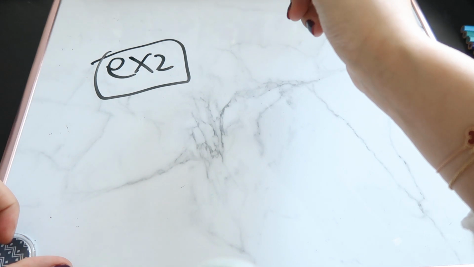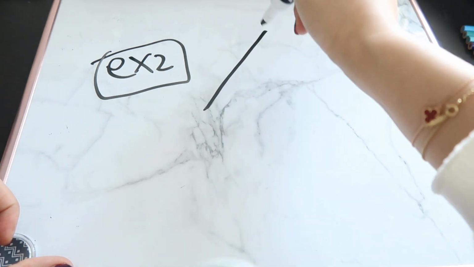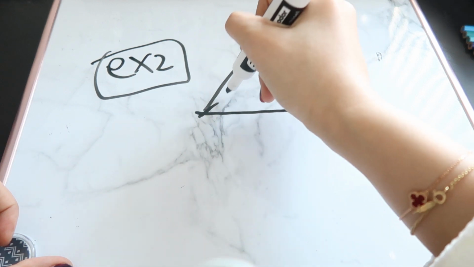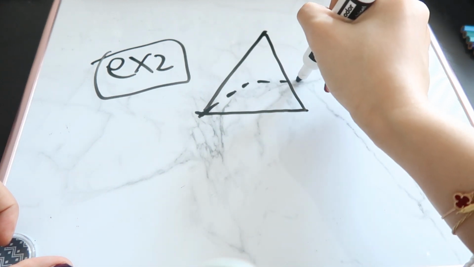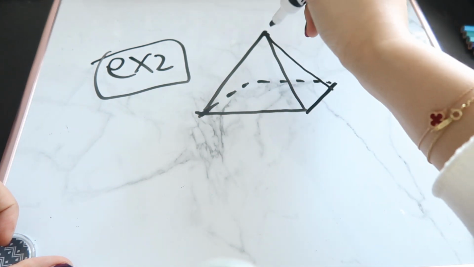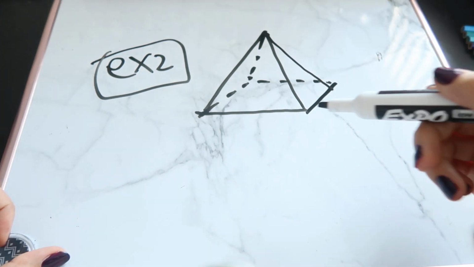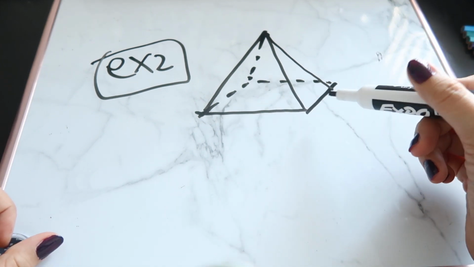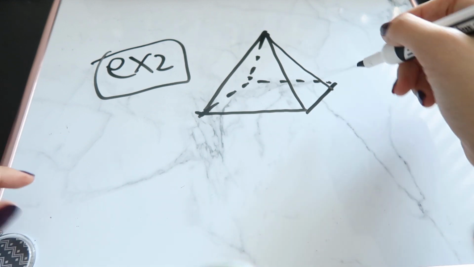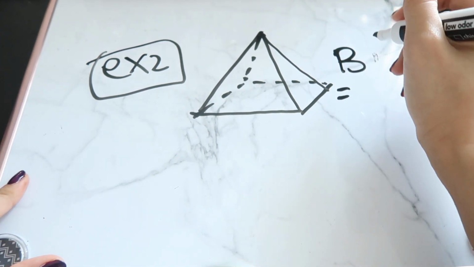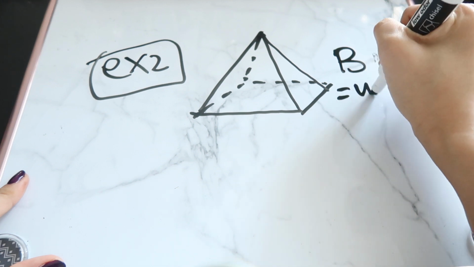Okay, so here we have a pyramid. As you can see, the base is a rectangle. So in this case, the base formula would be just width times length.